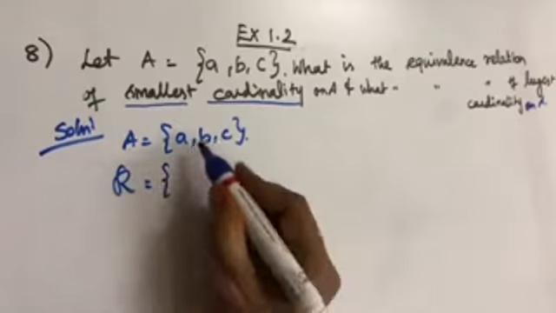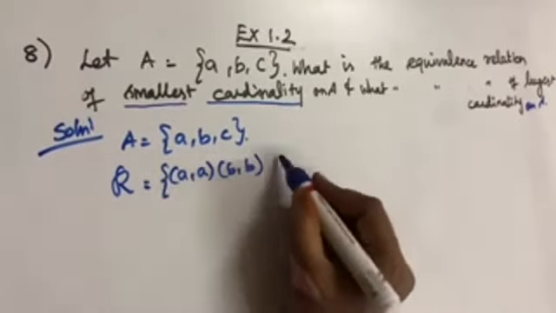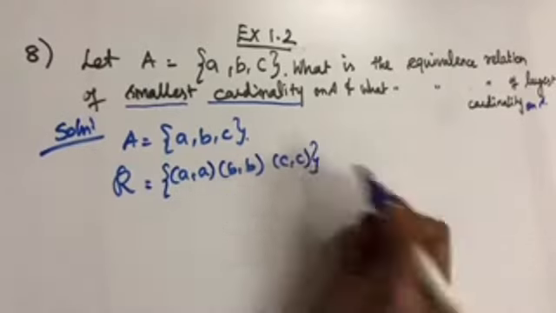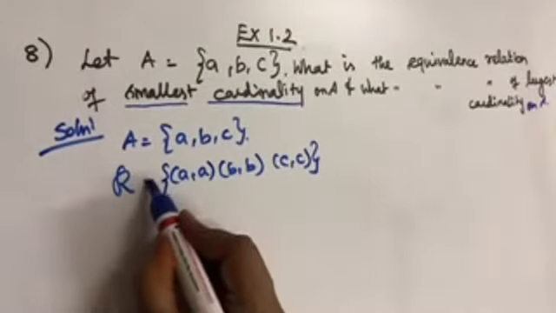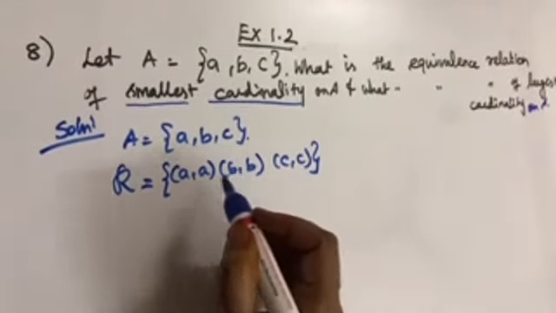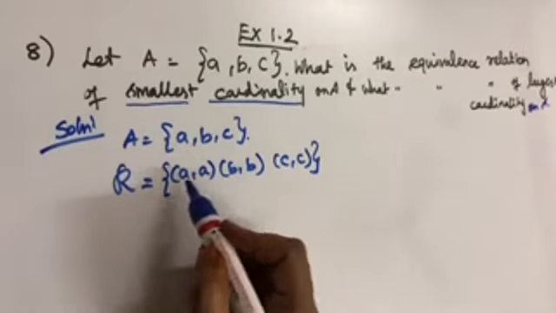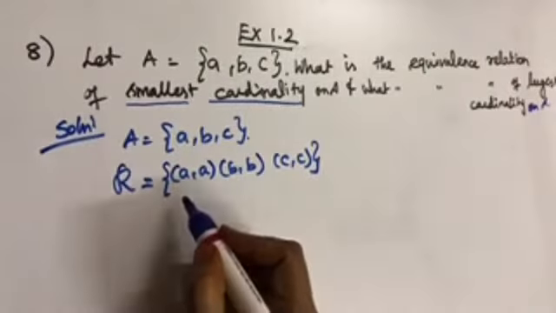Okay, so I can write A comma A, B comma B and C comma C. Okay, so these are the elements of smallest cardinality, minimum number of elements. Okay, is this an equivalence relation? Yes, it should be reflexive.